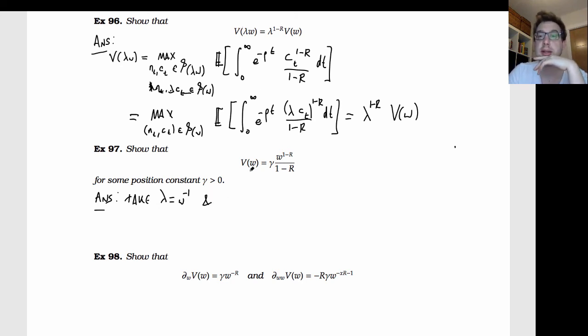And I can take gamma just to be equal to 1 minus r of V of 1 in this expression. So when I've got V of 1, I could substitute in gamma here and I'd end up with this part. So it's not too hard. We just substitute in some values and say this is a slightly nicer, or slightly cleaner looking form. Okay, right.